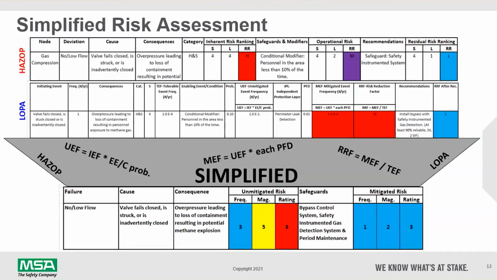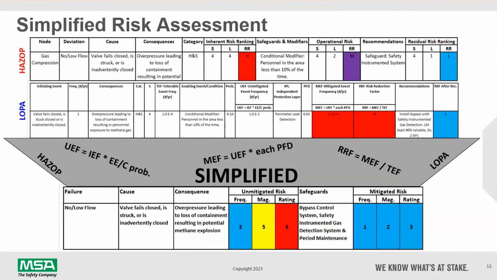In regards to the risk assessment, the way that we're going to simplify this is we've got this hazard and operability study table, as well as the layer of protection analysis table. And those are fairly complex tables. What we plan to do is send them through the hopper here and come down to a single table.